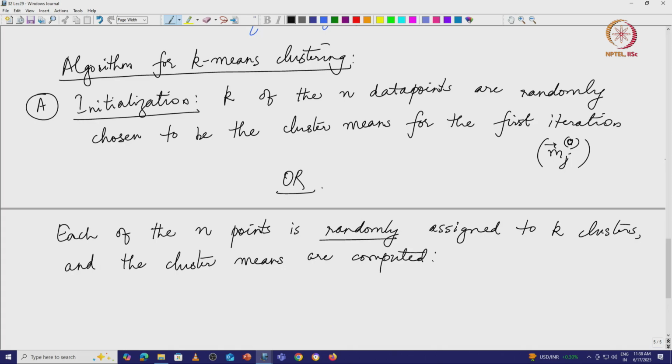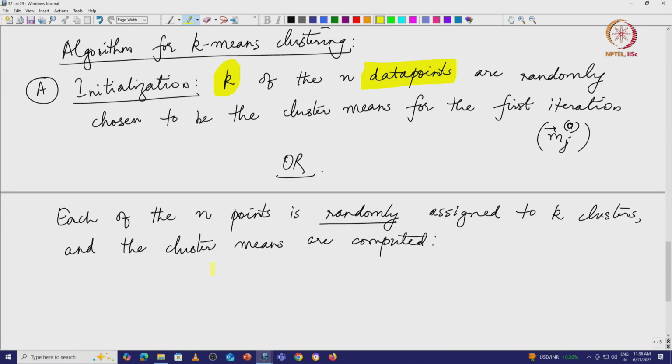Okay. So, in the first case, the k data points are themselves the means. So, you do not need to compute the means. In the second case, each of the n points is randomly assigned to k clusters, and therefore, you do need to compute the means, and these can be very easily computed.